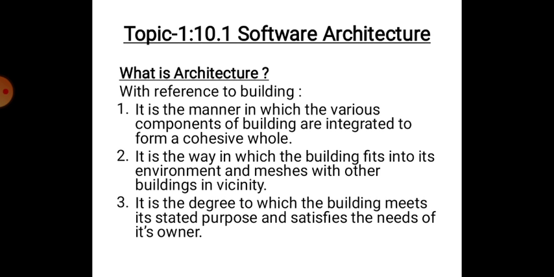Or number two, it is the way in which the building fits into its environment and meshes with other buildings in the vicinity. Point number three, it is the degree to which the building meets its stated purpose and satisfies the needs of its owner. So architecture is beyond the building.